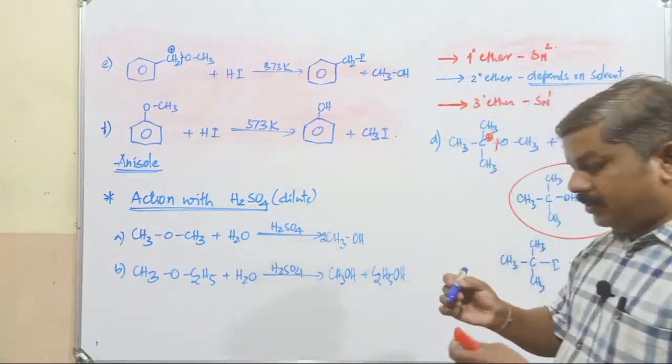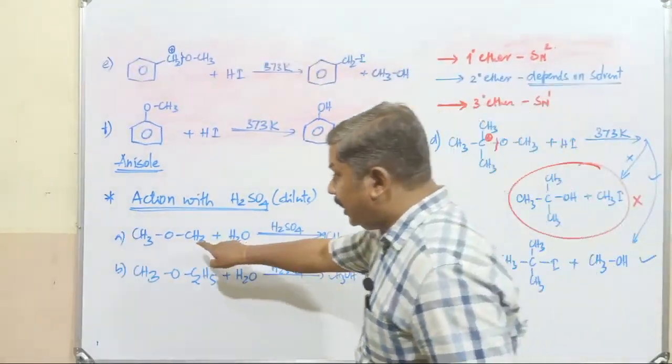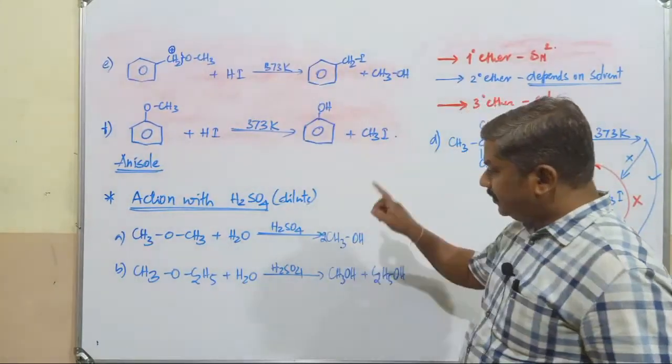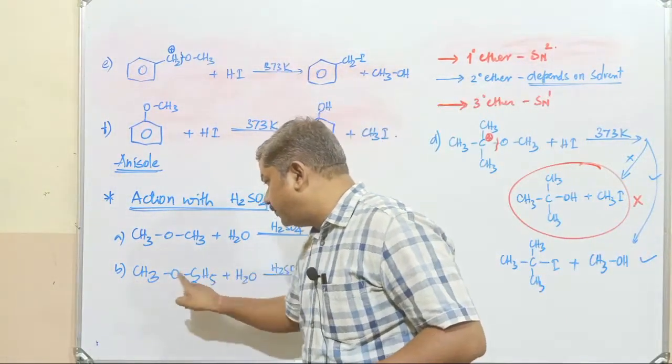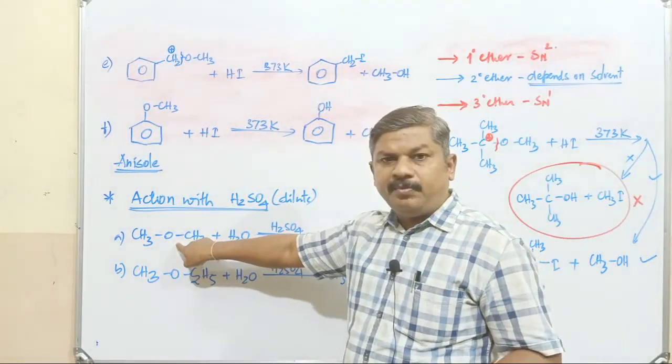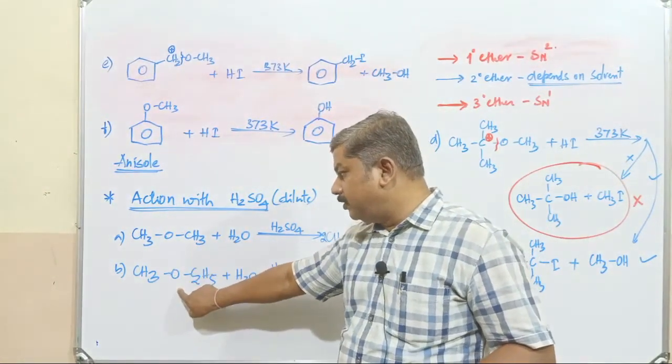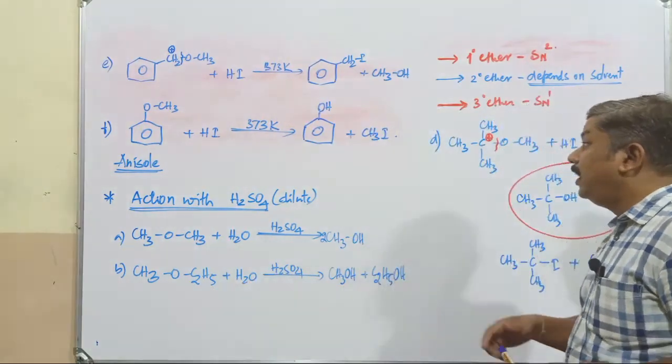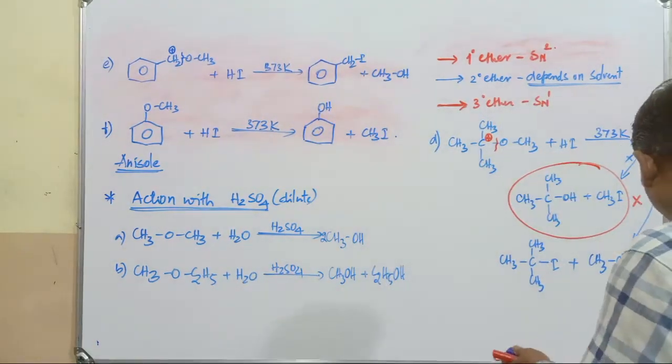When two alkyl groups are the same, 2 moles of the same compound form. When two alkyl groups are different, different alcohols form. What's the name of this compound? Methoxymethane. This is methoxyethane, which gives methyl alcohol and ethyl alcohol.